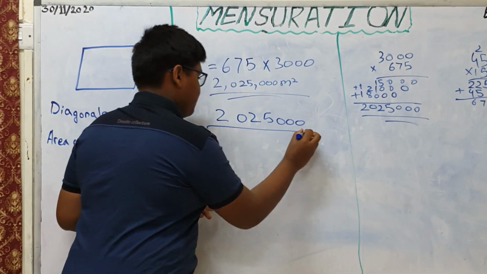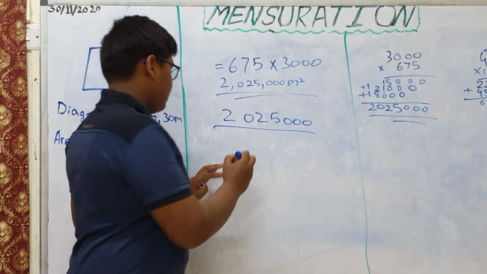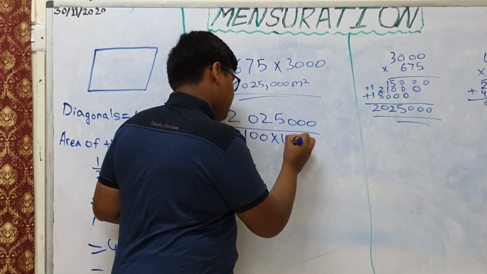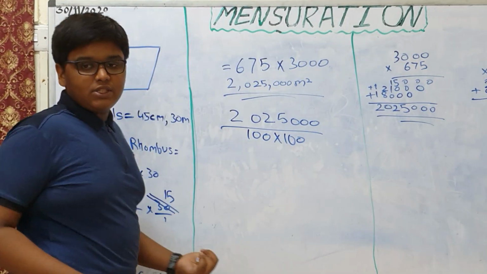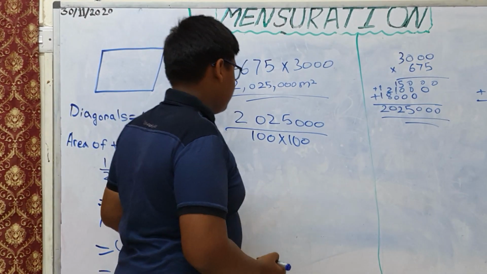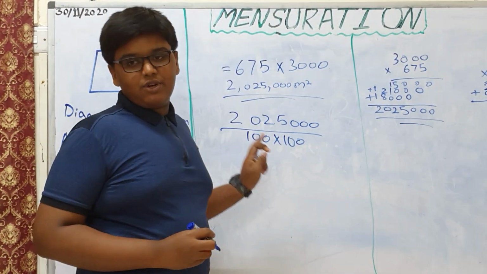Now we have to divide them by 2 hundreds, 100 into 100. Now for what we are doing this, we have to make it into the decimal. So for that reason we have got these 2 hundreds.